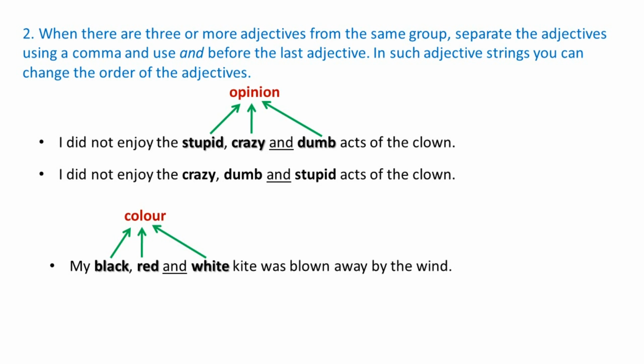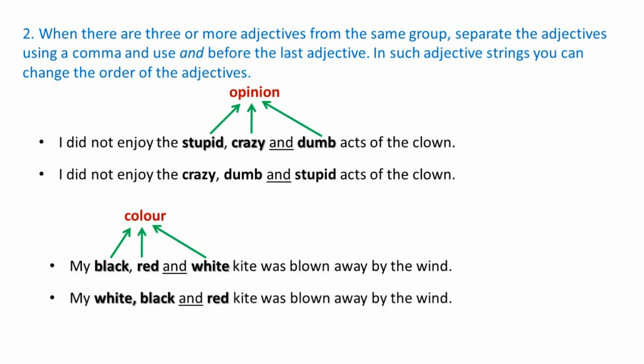Therefore, you need to place a comma after the first adjective, and between the second and last adjective you need to place the conjunction and. And as we said again, we can change the order. My white, black and red kite was blown away by the wind. So the order doesn't matter there. You can change the order of the adjectives because they all belong to the same group, that is color.